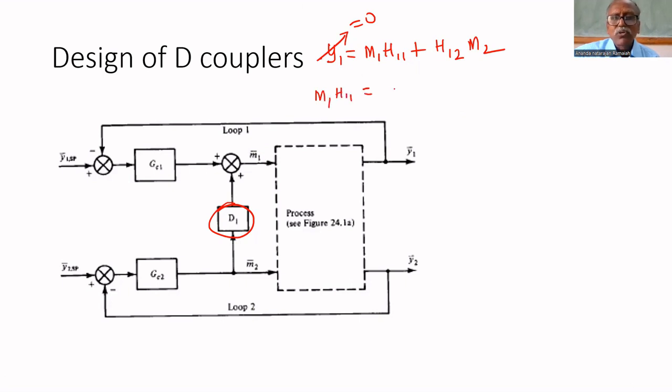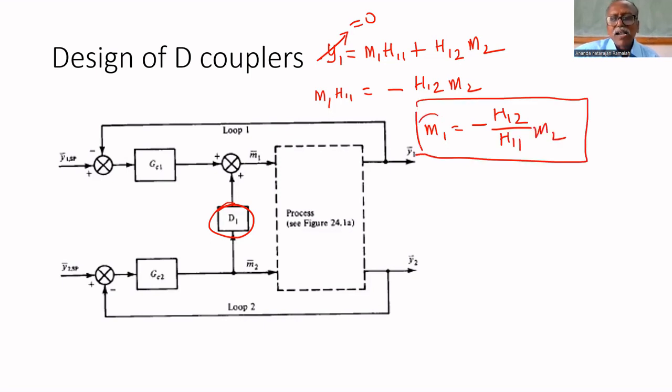M1 H11 equal to minus H12 M2, or M1 equal to minus H12 by H11 M2. So if we give additional M1 of this much, we can nullify the effect of interaction. Therefore, we can put D1 equal to the transfer function minus H12 by H11.